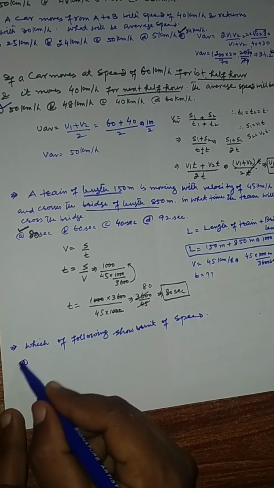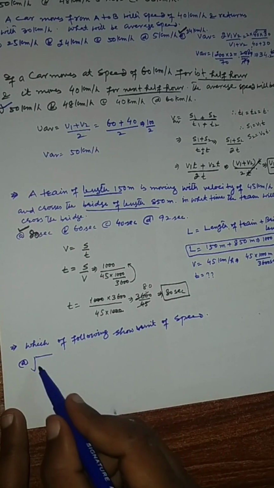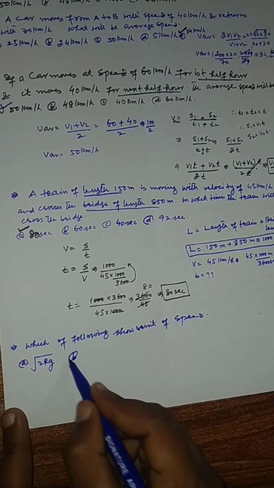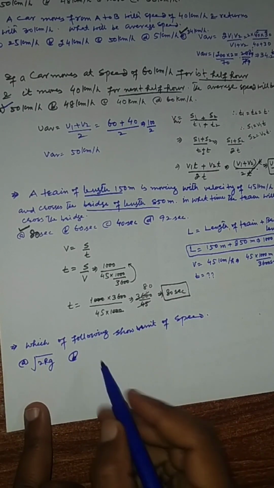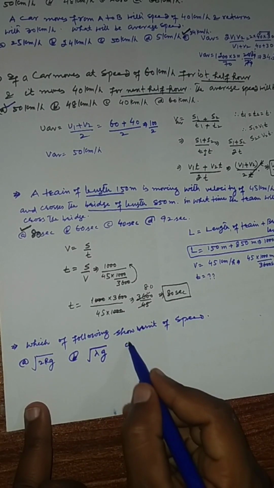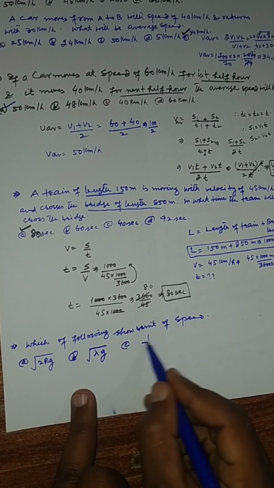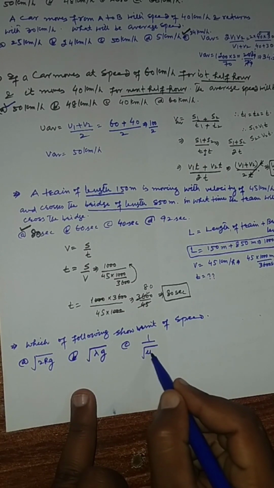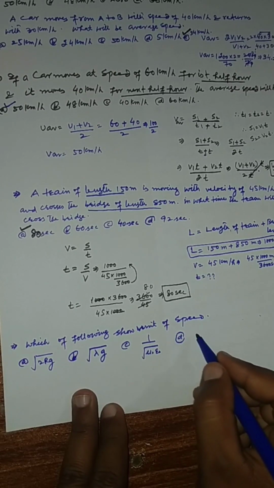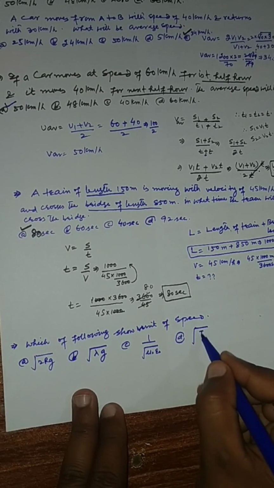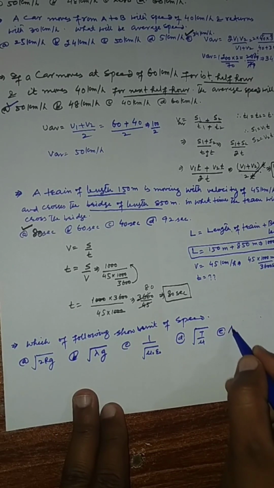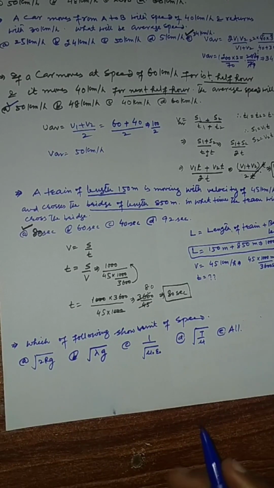Okay, let's say option A is under radical 2 r and 2g, or option B is under root lambda into g, or we may say 1 over radical mu naught into e naught, or we may say under radical T over mu, all of these.